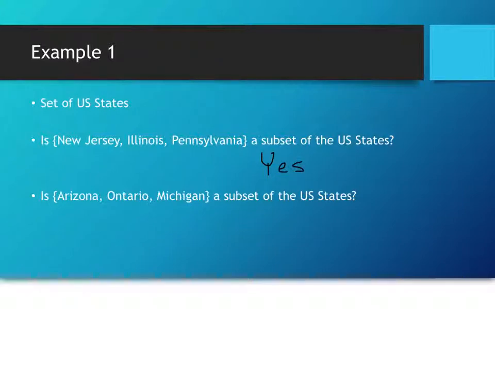That is a subset of the U.S. states. Arizona, Ontario, Michigan. Well, Arizona and Michigan are U.S. states, but Ontario is not. So this is not a subset of the 50 states in the United States.